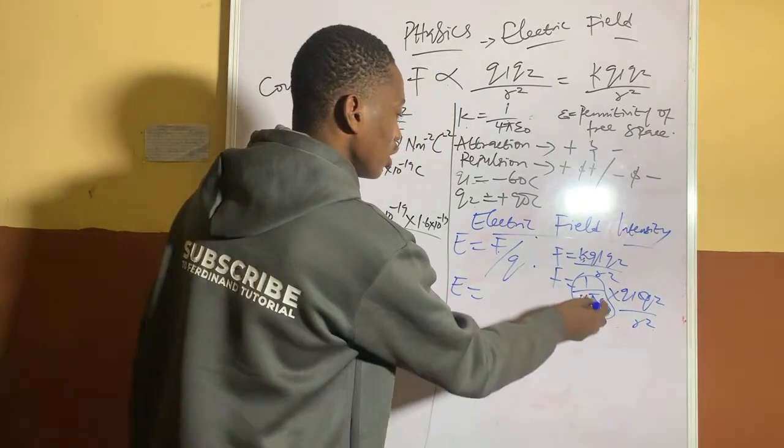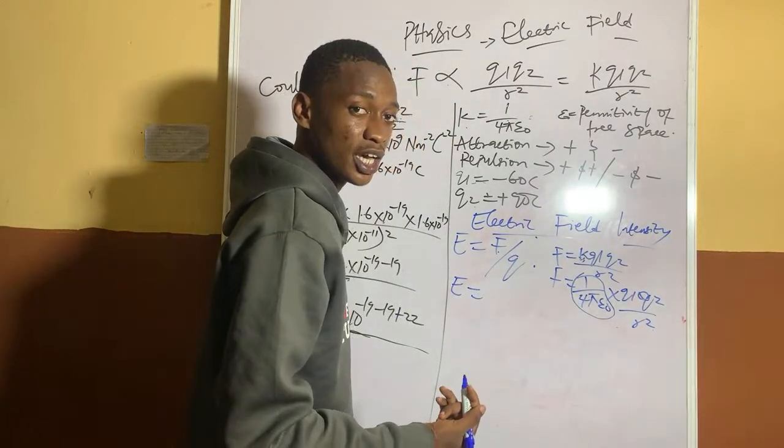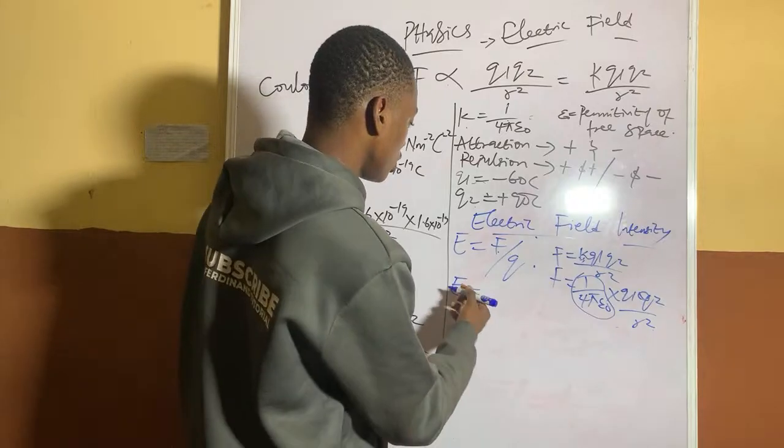Generally, in most cases, they usually use this particular one to be easier. Now we're going to say E will be what?